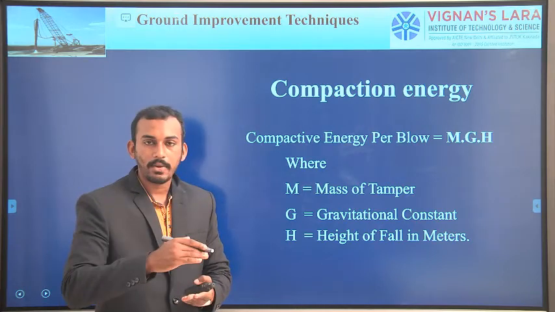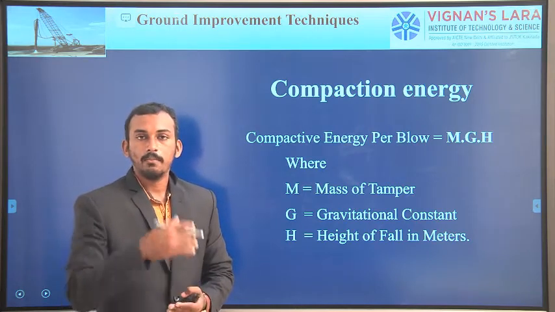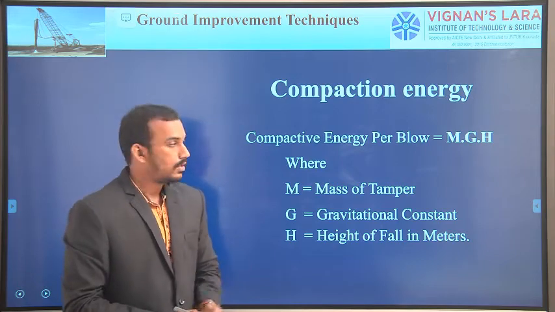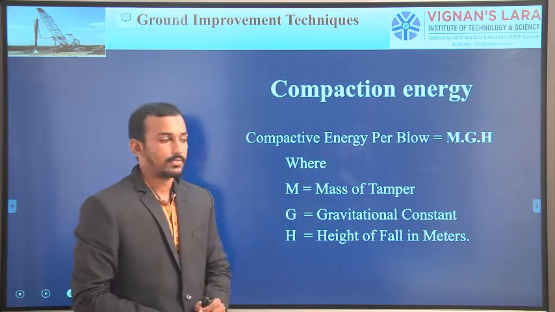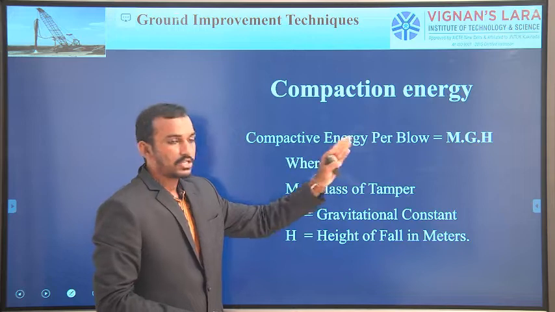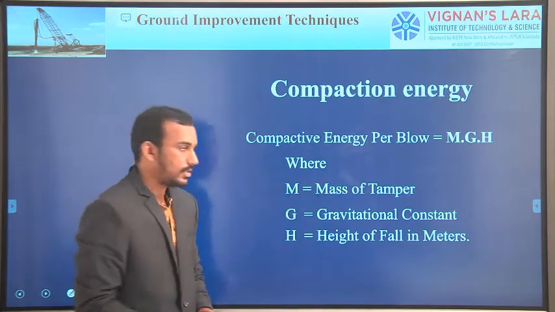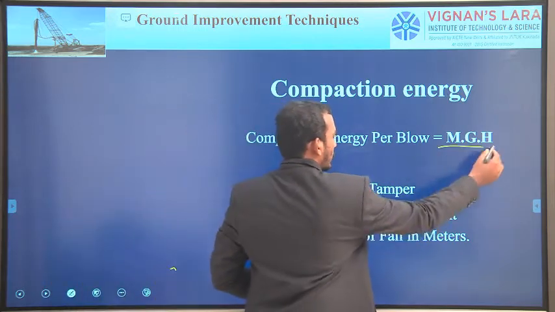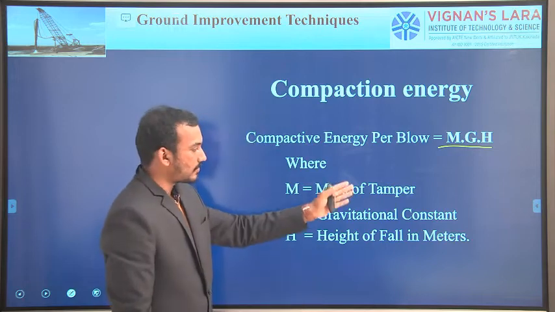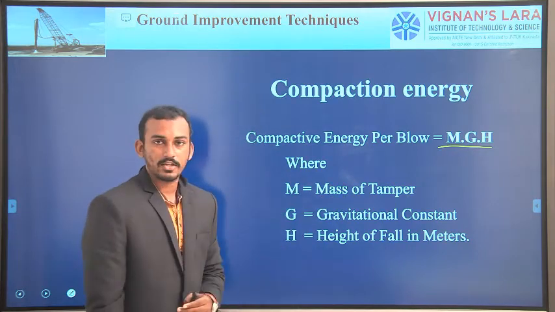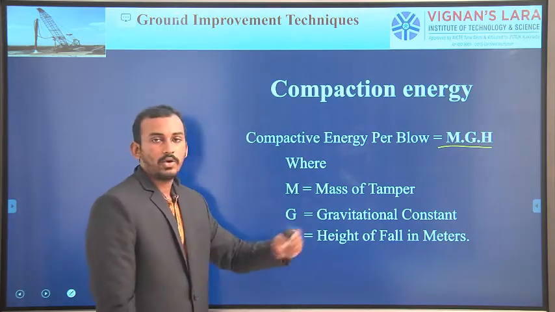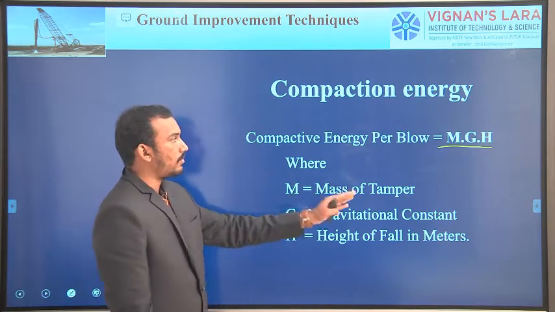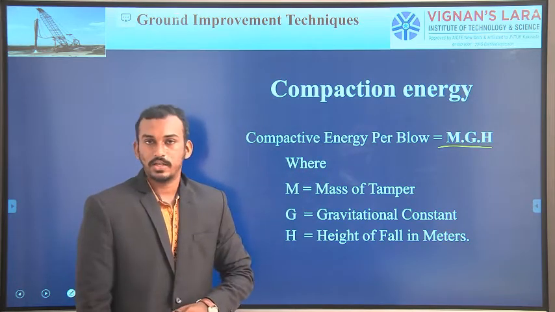We just need to compact the soil. We don't need to break the structure of the soil, right? So compaction energy is also very required. The formula to find compaction energy for each blow is equal to mgh. M means again mass of the tamper, G means gravitational constant, H means height of fall in meters. So by using this formula, we can find the compaction energy.